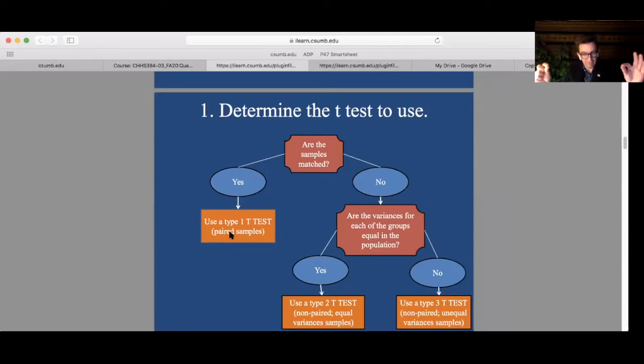They are matched by your name, right? And I can do that for every observation. Those are matched samples. And if you have those kinds of matched samples, you are using a type 1 t-test. It's called a paired sample t-test, okay?